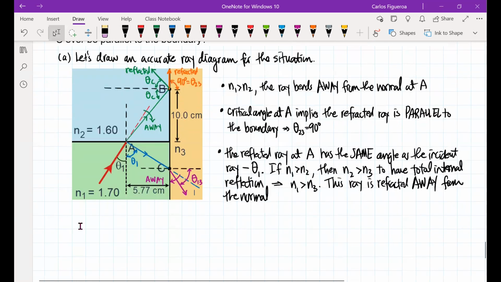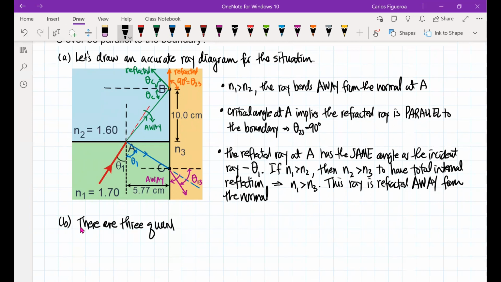So now let's go to B. In B here, there are 3 quantities that need to be calculated.